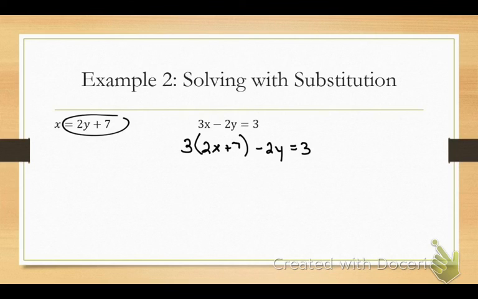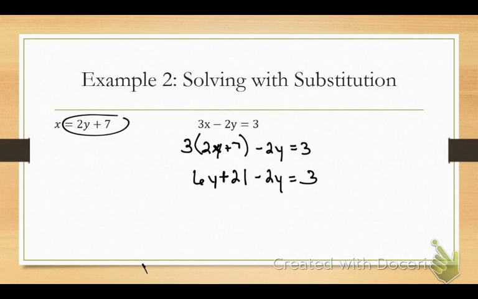What's 3 times 2y? 6y plus 21. Wait, hold on. It is y. It's y, guys. I'm sorry. Okay. All right. Sorry, Lila. 6y plus 21 minus 2y equals 3.